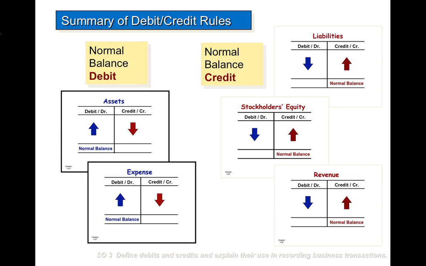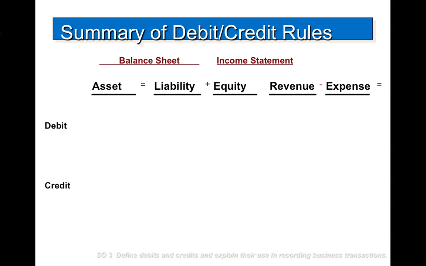Here's a summary of the debit and credit rules. Normal balance debit is going to be assets and expenses. That's going to be the increase side, which we will learn more about later. Normal balance credit are going to be liabilities, stockholders' equity, and revenue. Again, just another picture.